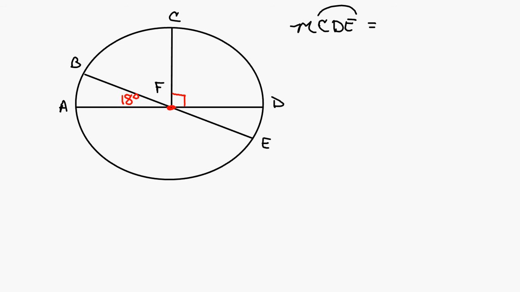So you're going to identify the arc first, right? Arc CDE goes from C through D and it ends at E. It'd be 90 plus 18, exactly. This 18 is a vertical angle with DFB, right? So isn't this angle also 18 degrees?